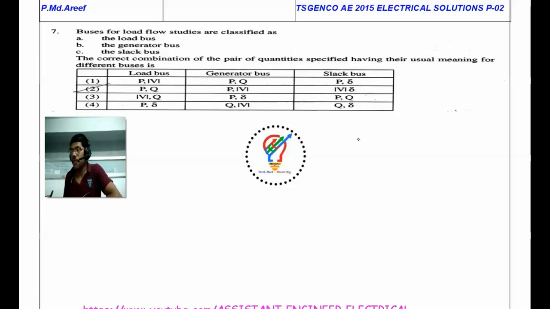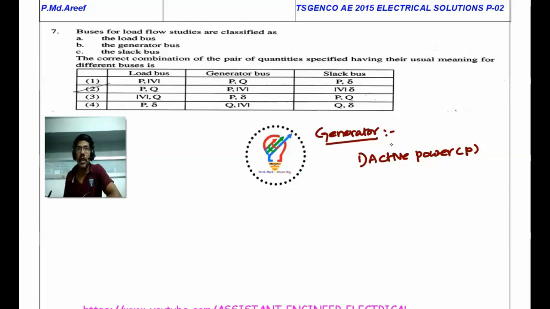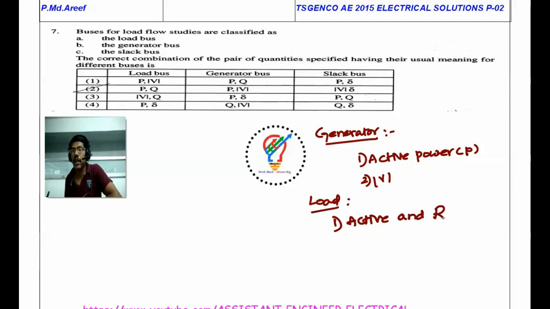Generally, the generator bus is specified with its active power P and its voltage. The load bus is specified with its active and reactive power.